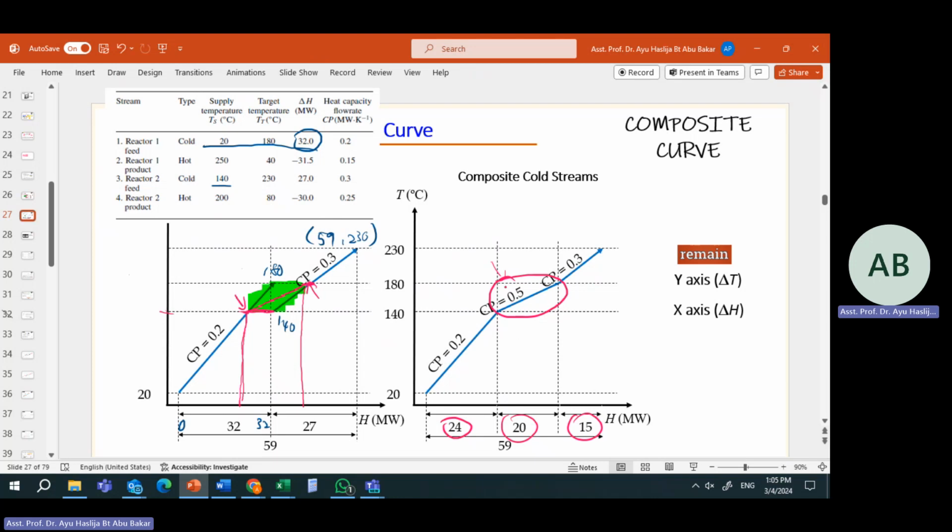The 0.5 here is the total of 0.2 plus 0.3 because we combine the streams, so that's why here we get 0.5. Each stage over here, the CP is different, because we combine the two streams. First stream CP 0.2, second stream CP 0.3.